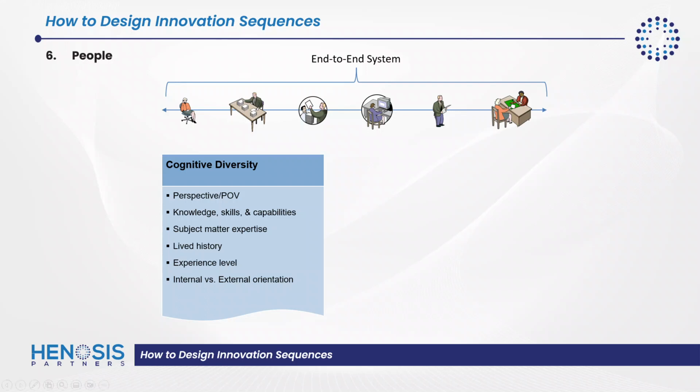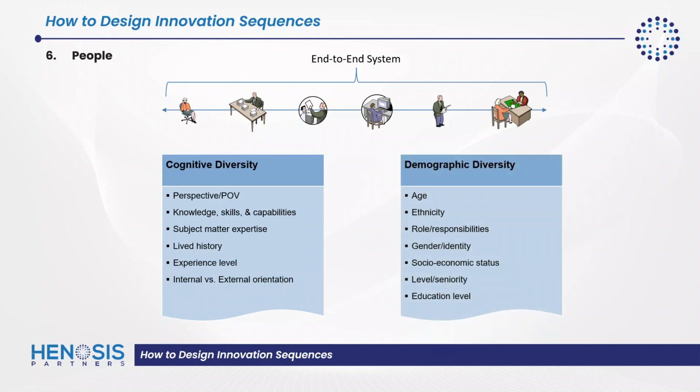In addition to inviting people that reflect high cognitive diversity, you also want to invite people that reflect high demographic diversity in terms of different ages, ethnicities, roles and responsibilities, genders, socioeconomic status, level in seniority, and education level.